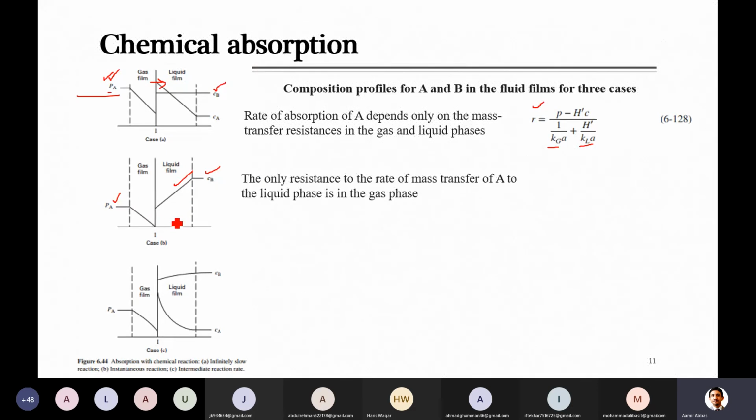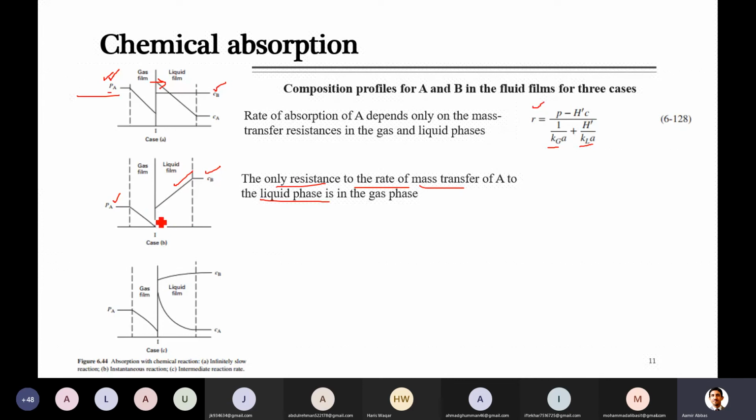So when you look at such kinds of cases, the only resistance for the mass transfer, or for this reaction to take place, is the resistance inside the gaseous phase for mass transfer of component A, because as soon as this component crosses the gas film, it will quickly react with the liquid film. It does not have to pass through the liquid film again to be included inside the bulk liquid.